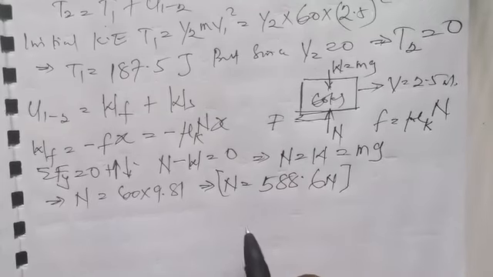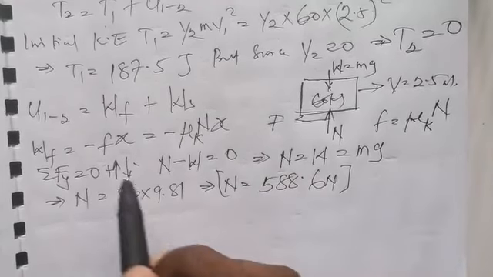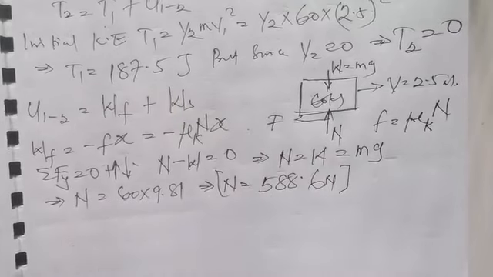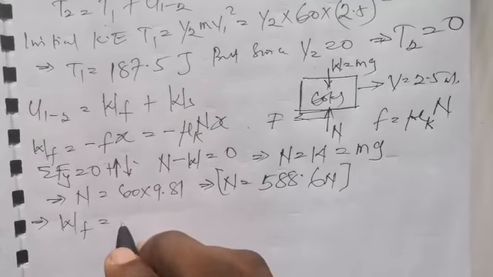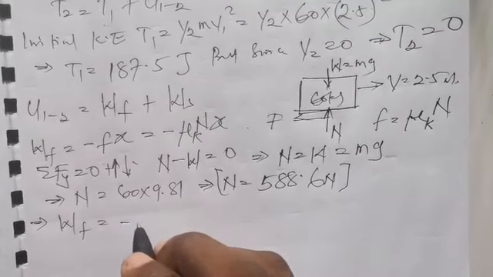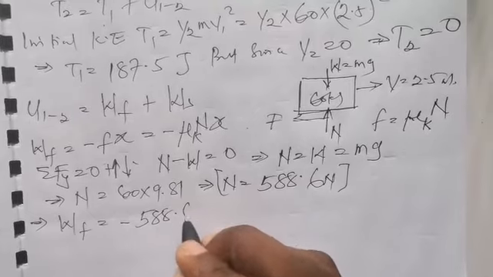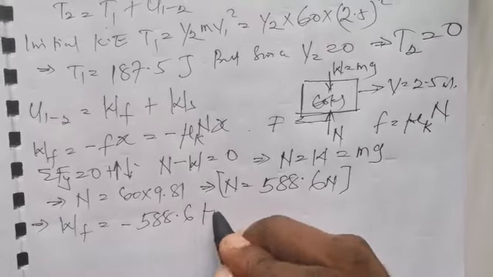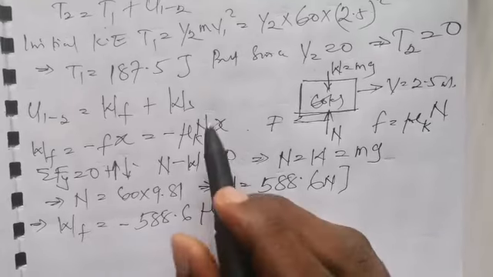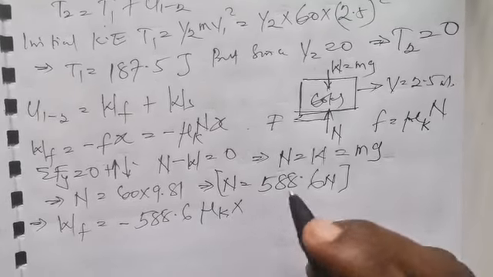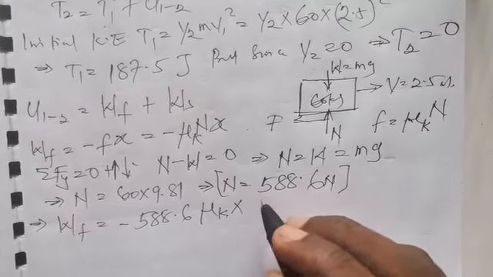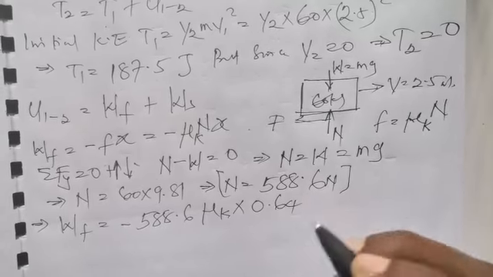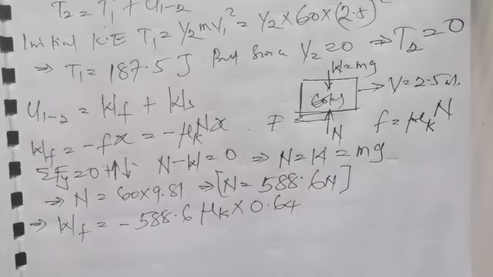So this is our normal reaction. If you obtain this to be your normal reaction, then let's plug into the equation for the frictional work. This implies that work done against friction is equal to minus 588.6 multiplied by mu k times total distance x. Remember, I explained earlier it is 640 millimeters, which is 640 divided by 1000.